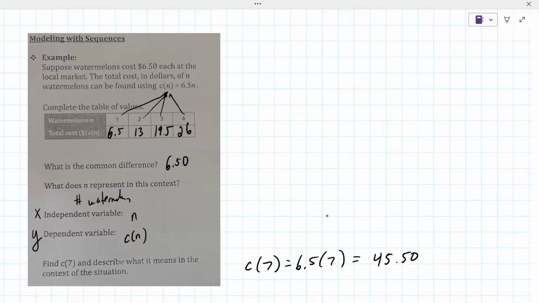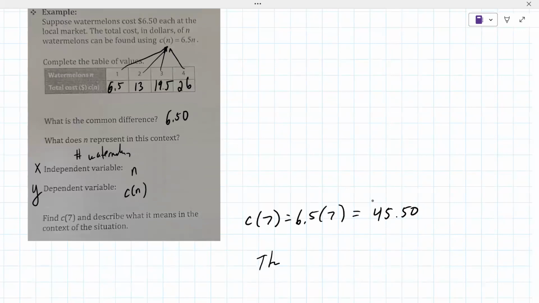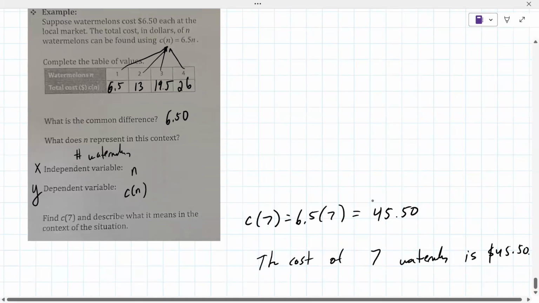Slightly different. We want to say the cost of 7 watermelons is 45.50, because when you say for every, it could mean something else.